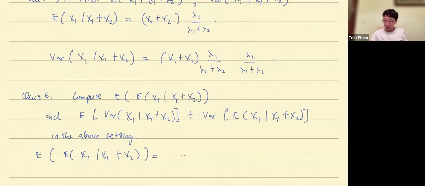If you remember the theme, the double expectation should return back to you the expectation of whatever you're taking the expectation of. So that's X1. And what is that? X1 being a Poisson lambda 1, however the calculation comes out, it should be lambda 1. Okay, that's what we expect to happen.